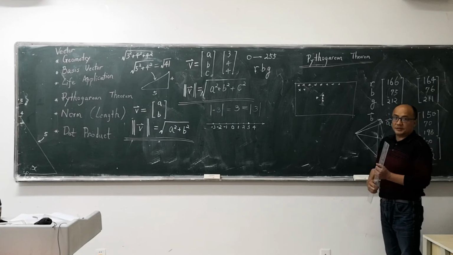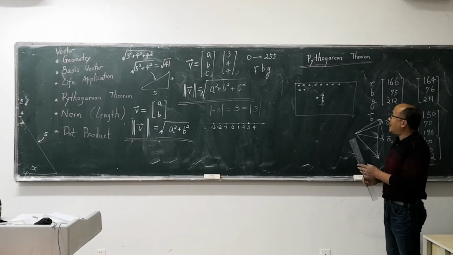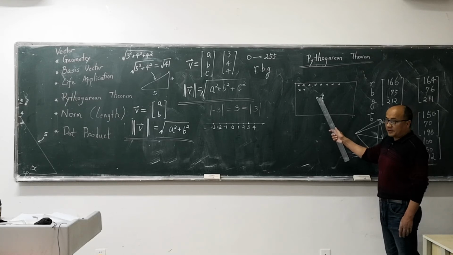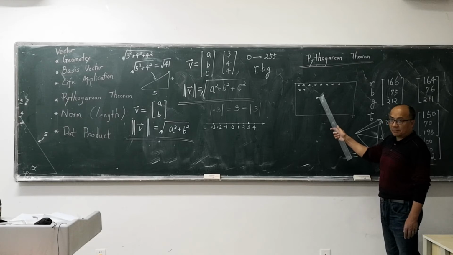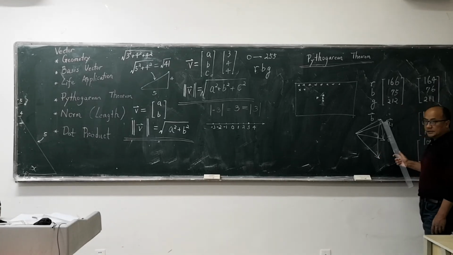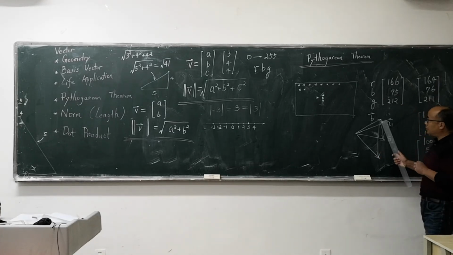It's also easier for us to compare this color definition with that color definition, by calculating the distance between two vectors.